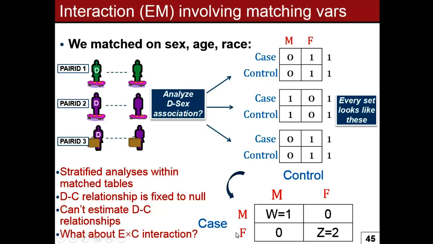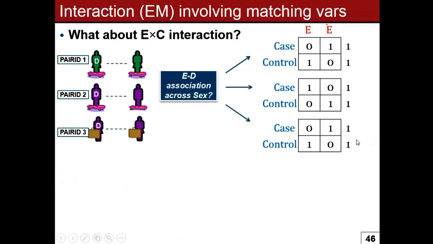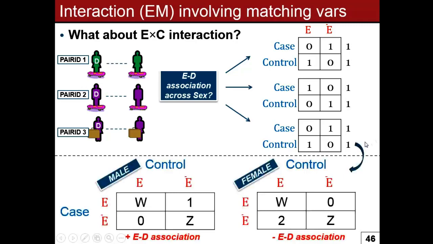Okay, but what about looking at effect modification, based on these matching factors? I'm going to just throw this up here. What about looking at the exposure-disease relationship across values of sex? Here there's no exposure represented; these graphics don't show exposure status.